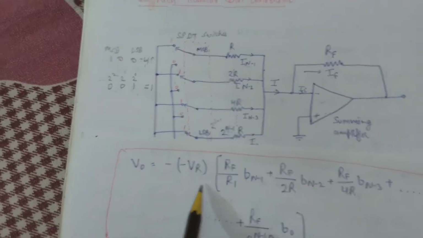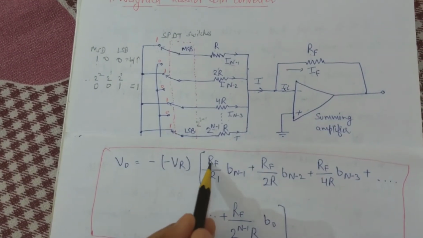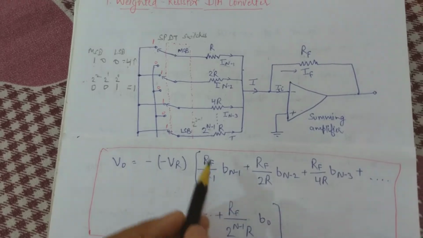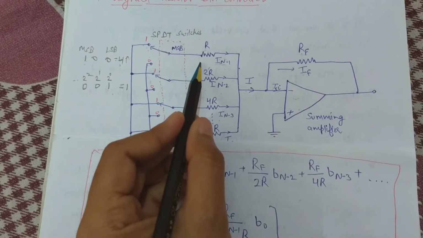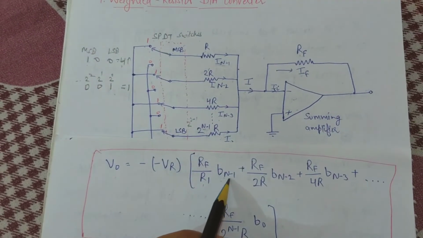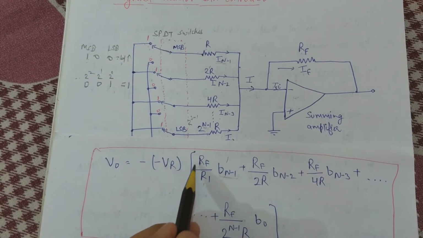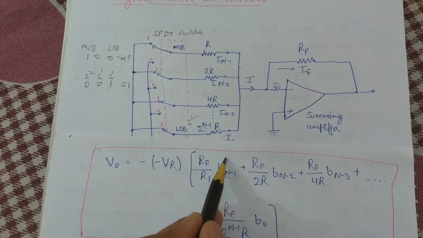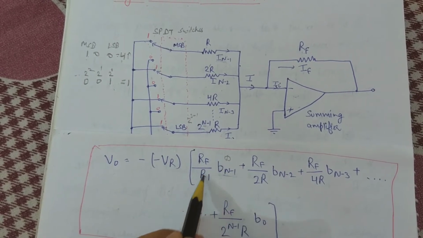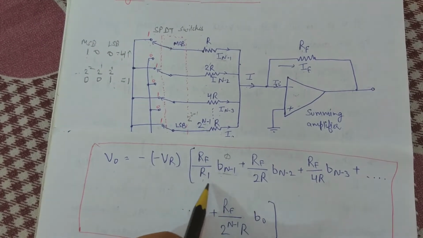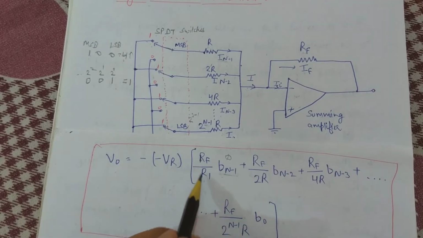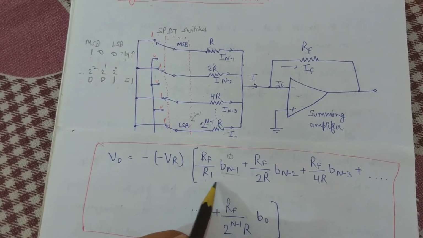So you can see in this equation RF by R1 for the first bit, RF by R1 into the bit position. If the bit is 1, then this value will be considered. If the bit is 0, then this value will become 0 only. We won't get any voltage corresponding to a bit whose value is 0.